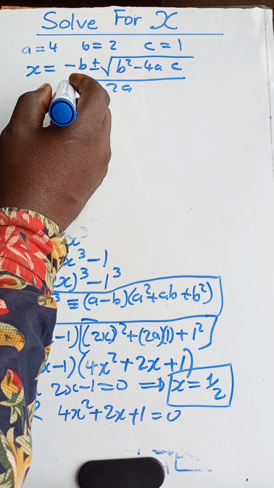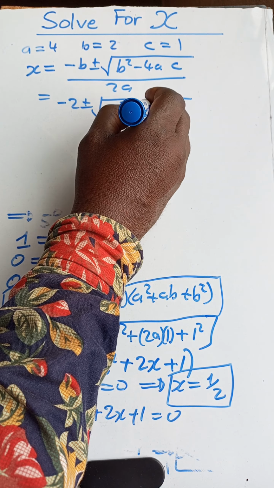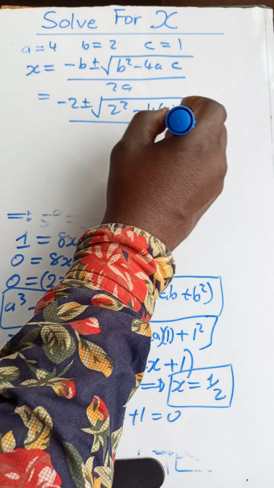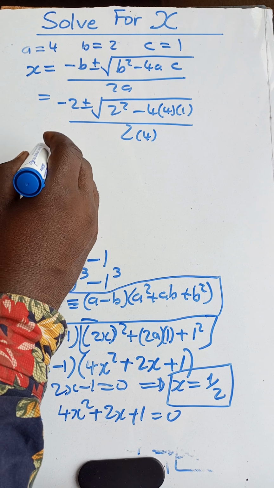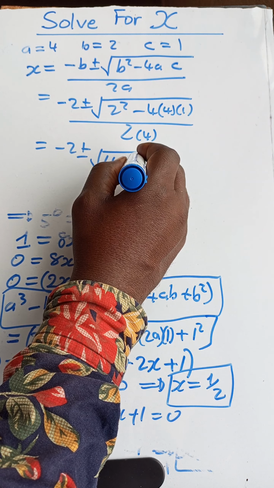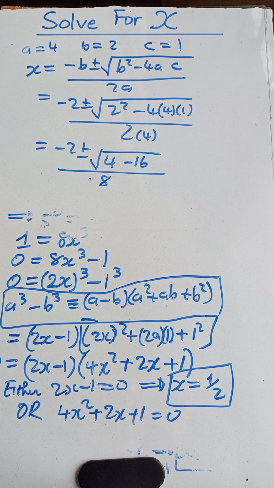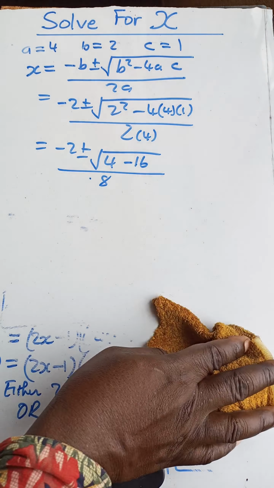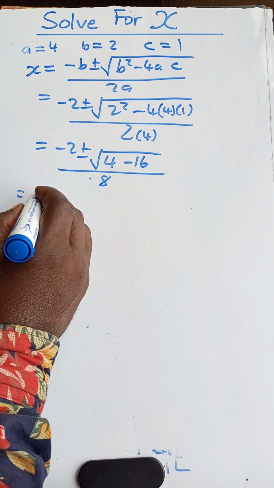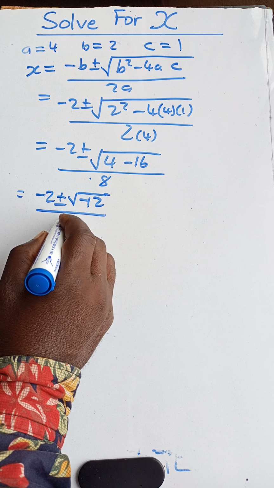So we have x equals negative 2 plus minus the square root of 2 squared minus 4 into 4 times 1 all over 2 times 4. So this gives us negative 2 plus minus the square root of 4 minus 16 all over 8. Okay, so we have negative 2 plus minus the square root of negative 12 all over 8.